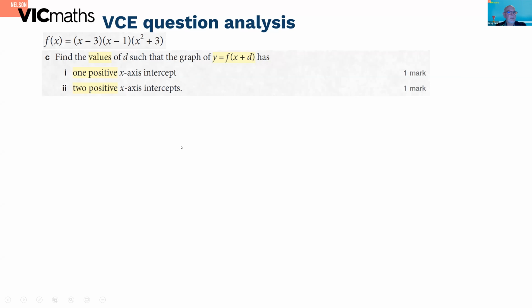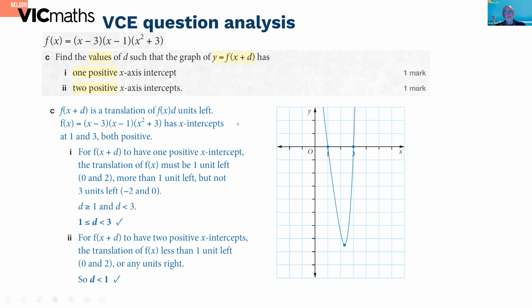So here in the next part C, we're trying to work out, for our f of x, the values of d such that the graph of f of x plus d has either 1 positive x-intercept or 2. And so we need to think about the fact that an x plus d is going to end up moving d units to the left. So let's have a look at our graph of y equals f of x. At the moment, it has 2 x-intercepts.